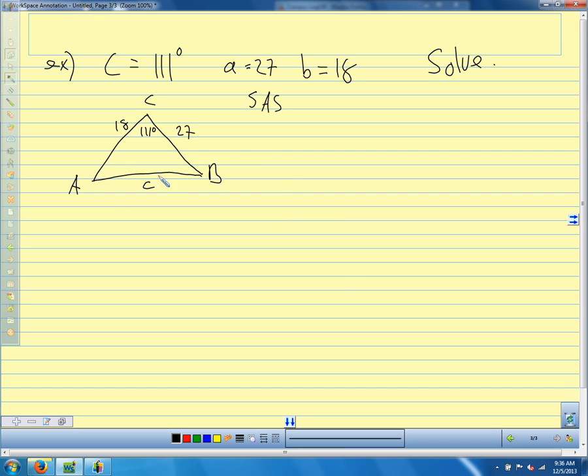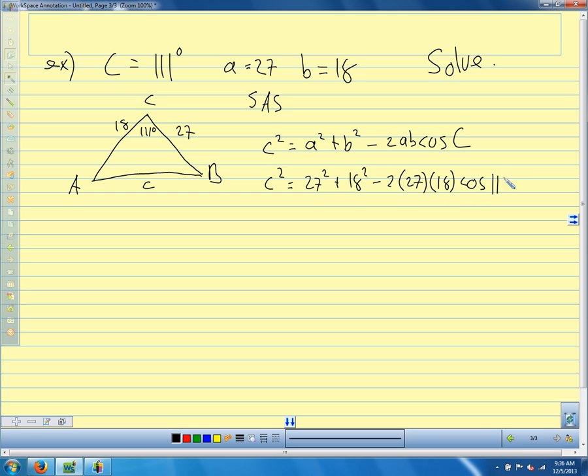So we're going to find side C. I'm going to say C squared equals A squared plus B squared minus 2AB cosine C. So plug in my numbers: 27 squared plus 18 squared minus 2 times 27 times 18 times the cosine of 111 degrees.